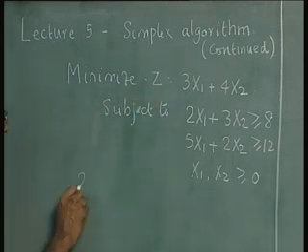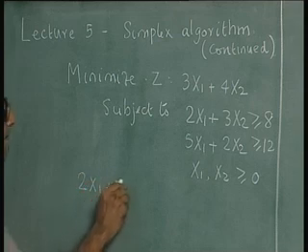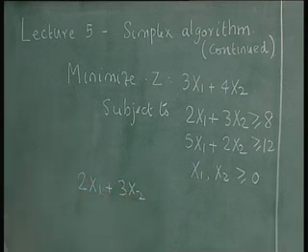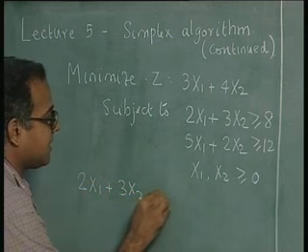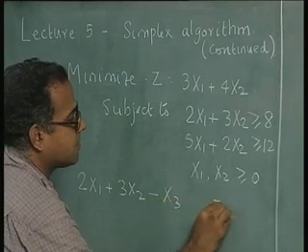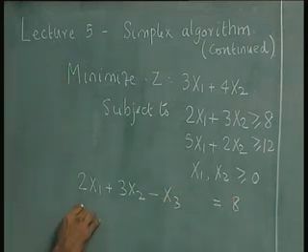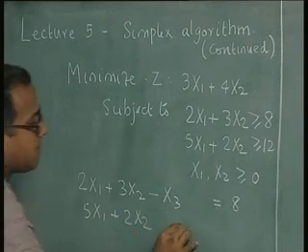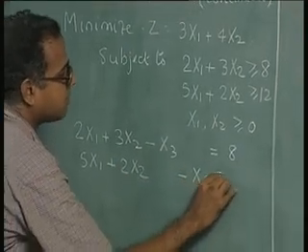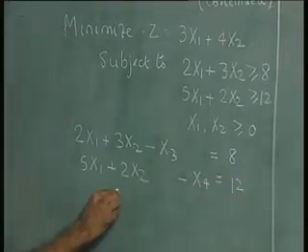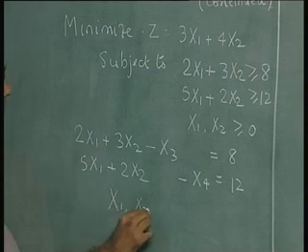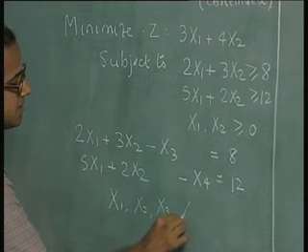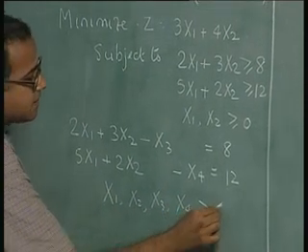So, this will become 2x1 plus 3x2 minus x3 equal to 8, and 5x1 plus 2x2 minus x4 equal to 12, x1, x2, x3, x4 greater than or equal to 0.